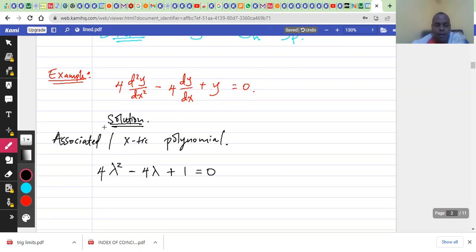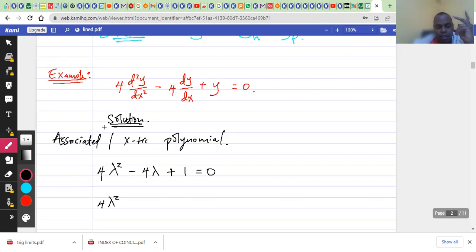I think this is going to be 2 lambda minus 1 equals 0, but let's see. So this is 4 lambda squared. We can split the minus 4 lambda, so we are looking for 2 numbers.